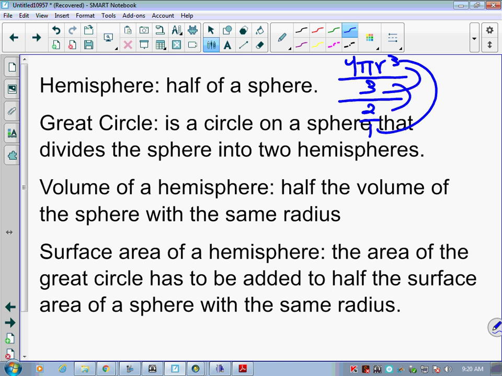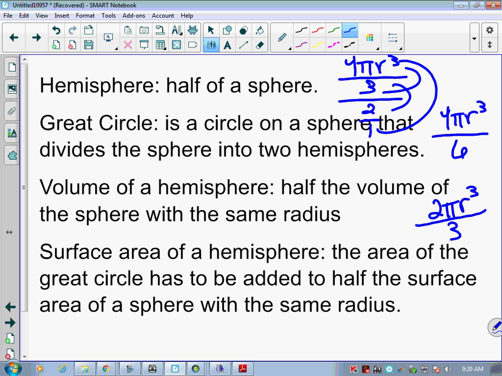So really what we get is 4 pi r cubed divided by 6. Which we can reduce that down, right? What would that reduce to? Should reduce to 2 pi r cubed over 3.